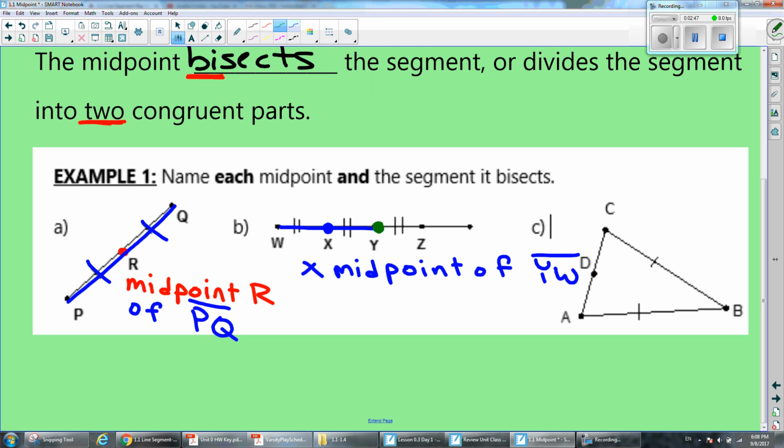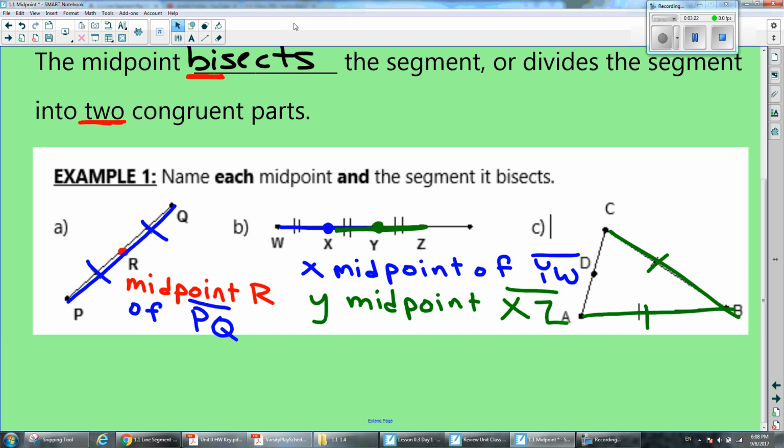Y is the midpoint of XZ, since XY and YZ are congruent. And lastly, here we see that segment CB and segment AB are congruent, but B is not a midpoint because B is not on the same segment as CA.